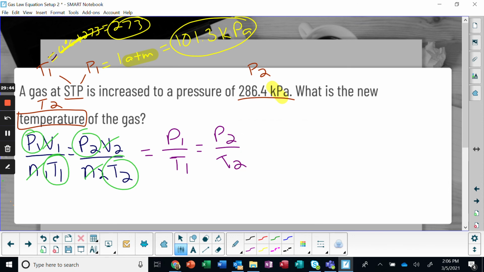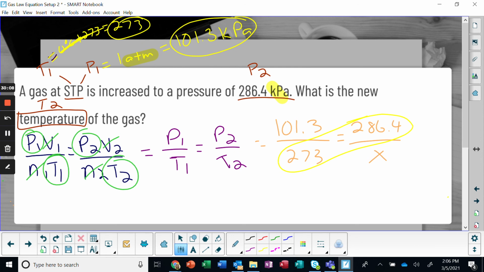So my P1, 101.3, divided by T1, which is 273, equals P2, divided by T2, which is my X. Cross multiply and divide.